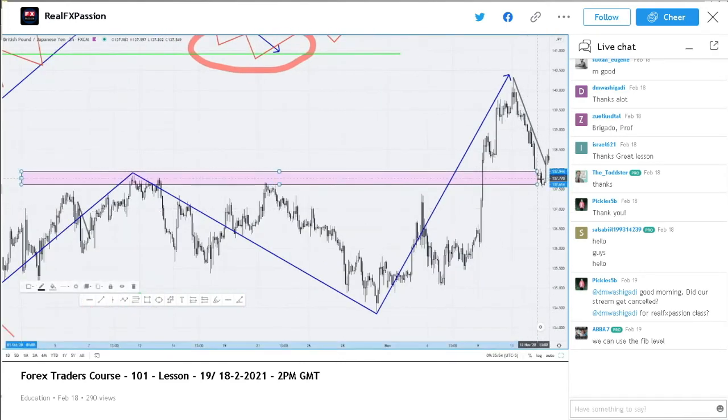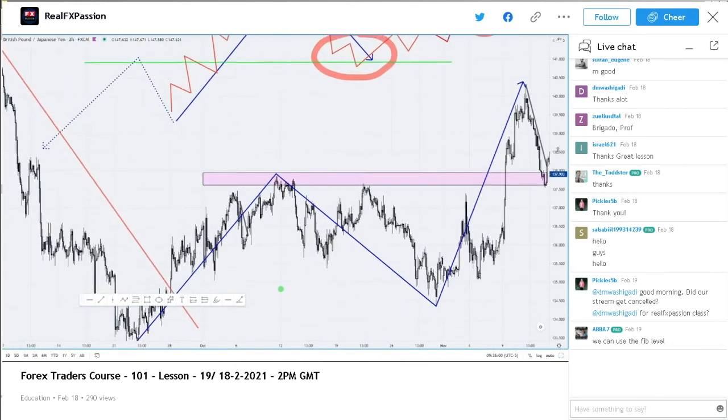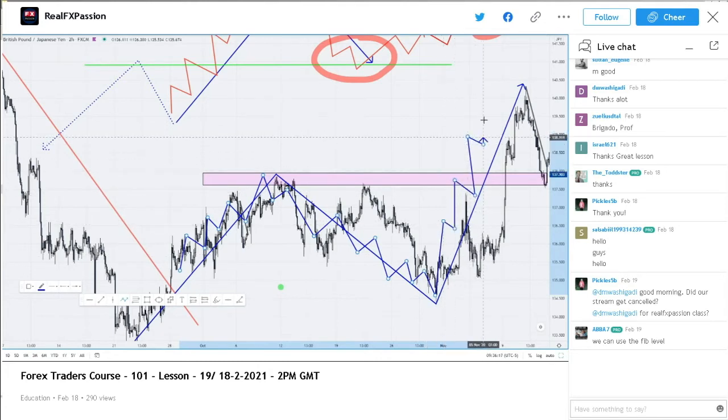Can you see how the market wave and the short-term trend is making hard highs, hard lows, lower highs, lower lows, extension, hard highs, hard lows? So this is the red.